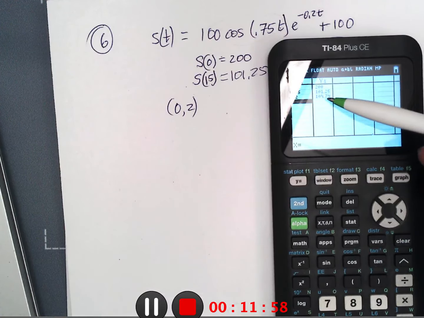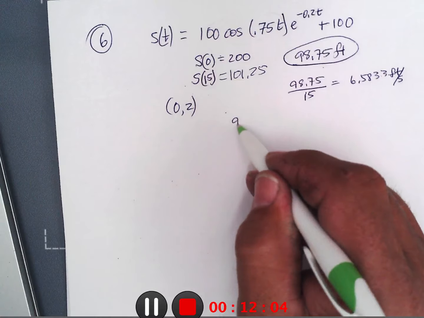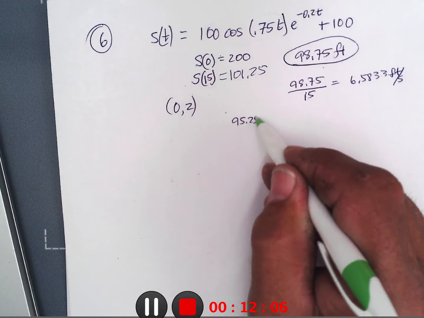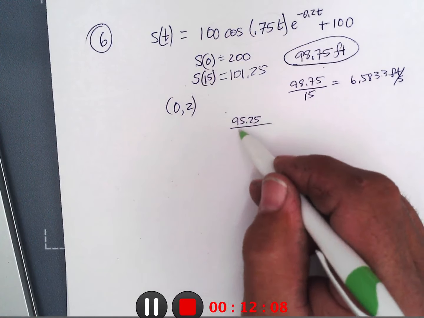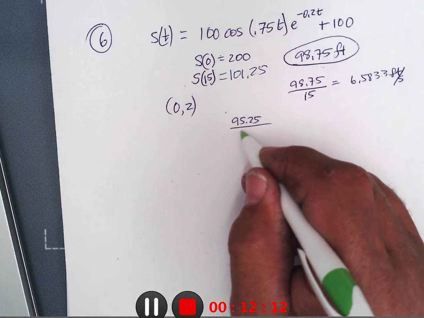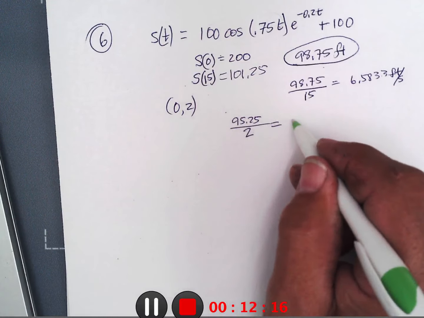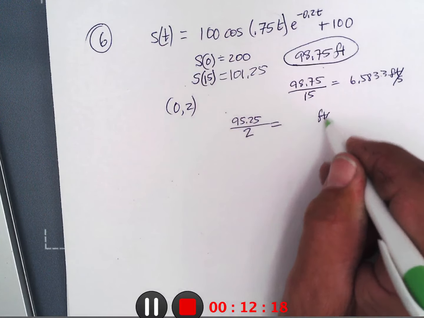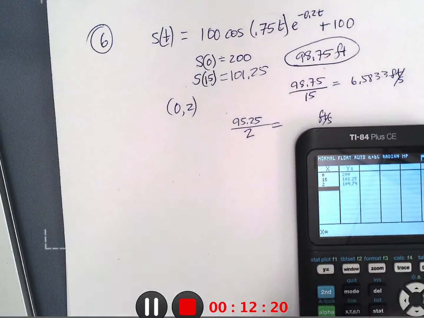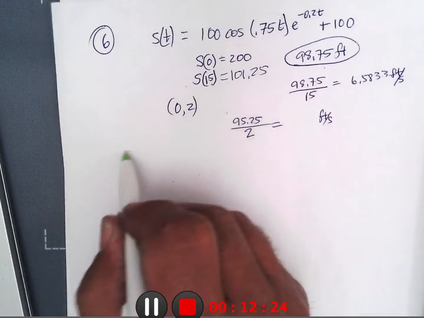That's a change of 95.25. That's the change in distance over the change in time, which from 0 to 2 is 2 seconds. So that's whatever that comes out to be, feet per second. And then 1 to 6 and 8 to 10. I think you can get those figured out now.